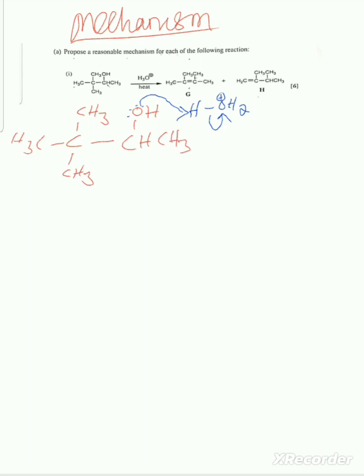Now when I reach that point, I'm going to write CH3, then here C, then here CH3, here CH3, here C, then OH2. Remember what we have there, which is OH2, because we have gained a hydrogen there. Then don't forget to put a positive charge there. Please don't forget the positive.